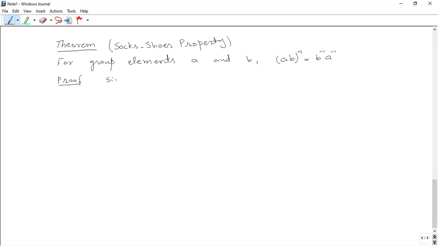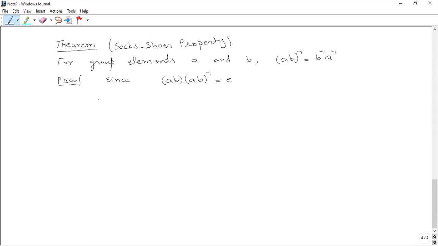If ab is an element and we multiply this element with its inverse, we will get identity. ab is an element because in a group we have the closure property, and a and b are elements of the group, so their product is also an element of group G. So ab is an element and (ab) inverse is the inverse of that element. And the product of an element with its inverse is the identity element.